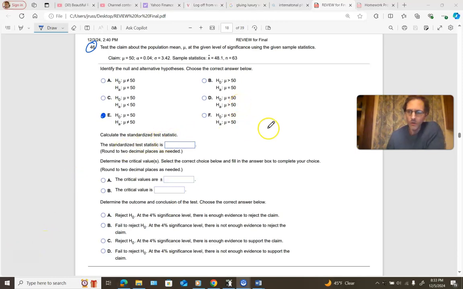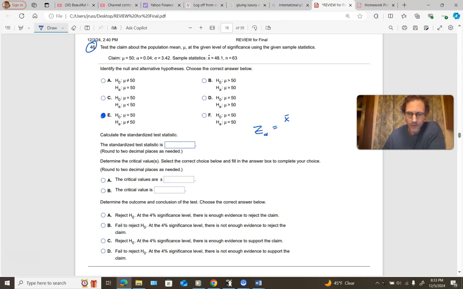All right. So that test statistic, if alpha is 4%, I'll just write z sub alpha, okay?